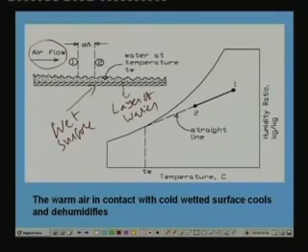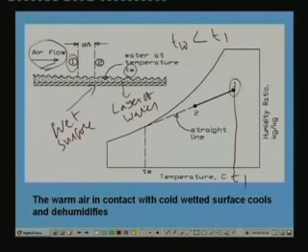Let us say that this water temperature is Tw, and Tw is less than the air temperature T1. On the psychrometric chart, let us say this is the condition of the air at point 1, at some dry bulb temperature T1 and some humidity ratio W1. So, air at this condition is coming in contact with a wet surface which is at temperature Tw.